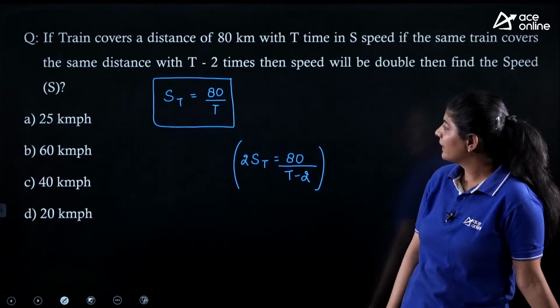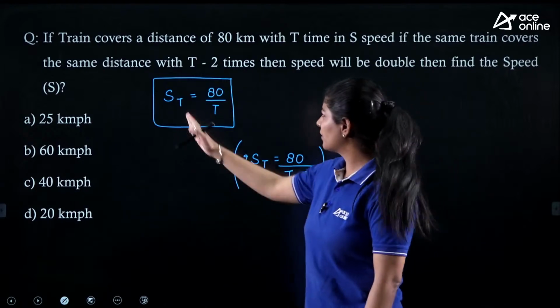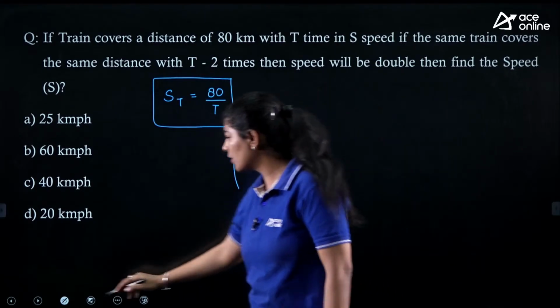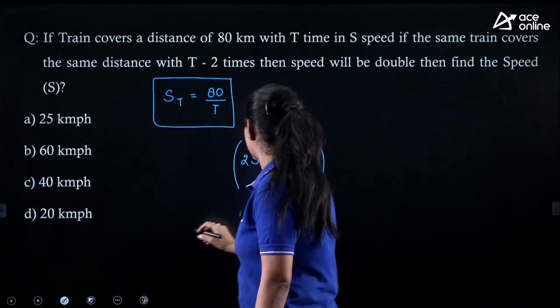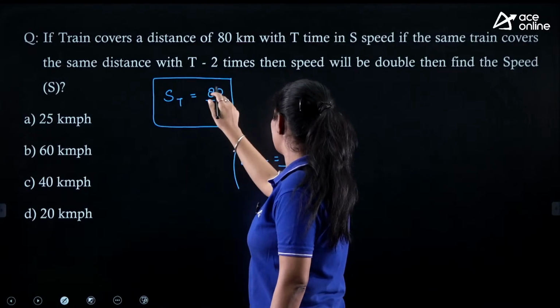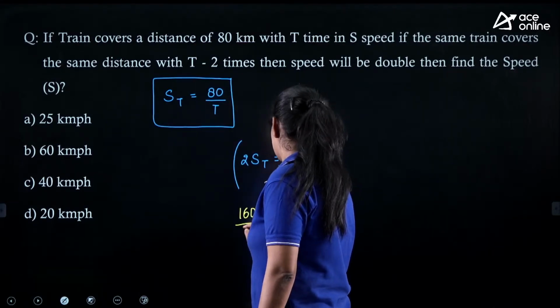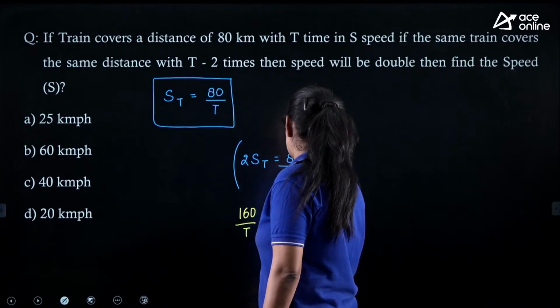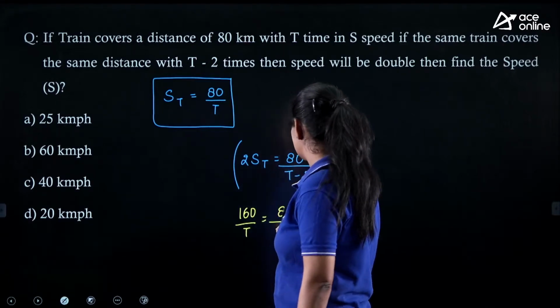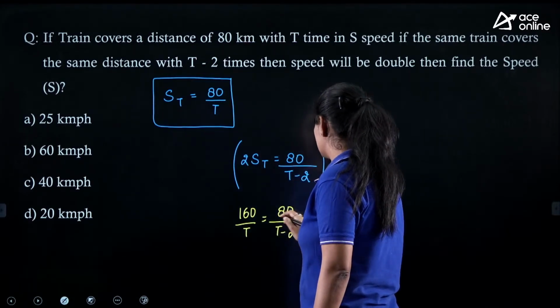So we are just going to substitute this value over here. So this will become 160 divided by t, which is equal to 80 divided by t minus 2.